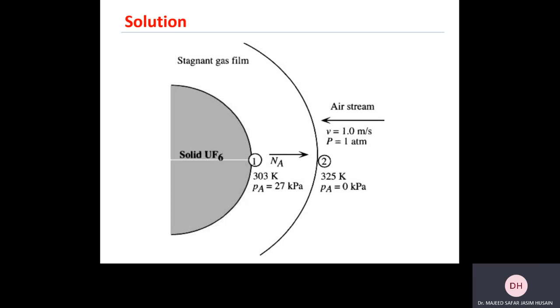At the end of the stagnant gas film in which there is air, the partial pressure of the UF6 is basically zero, because there is too much air compared to the UF6. Velocity of the air and the total pressure are also given to you. The direction of the flux is from 1 to 2. So you are supposed to find the rate of transfer of UF6.